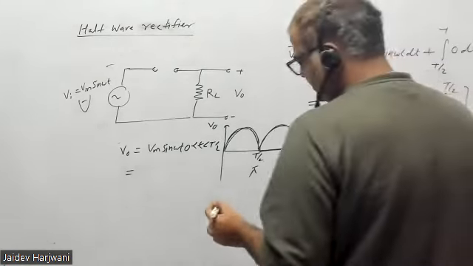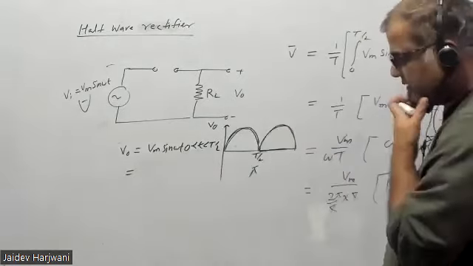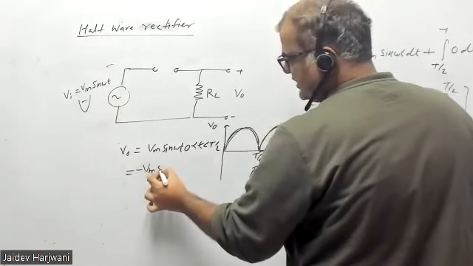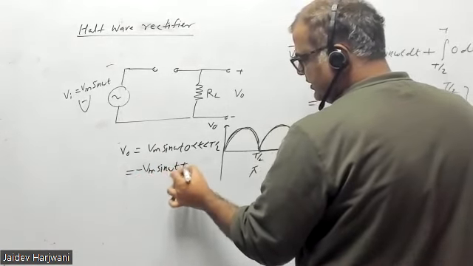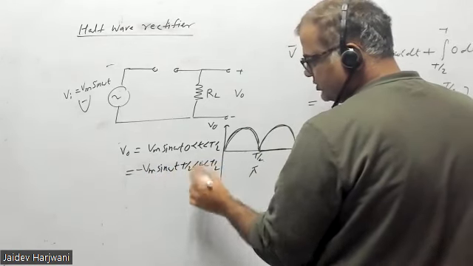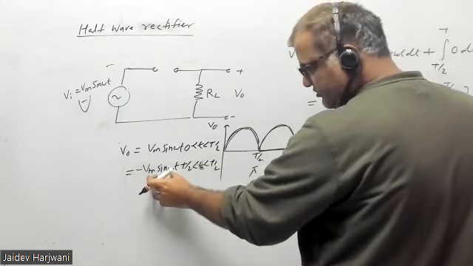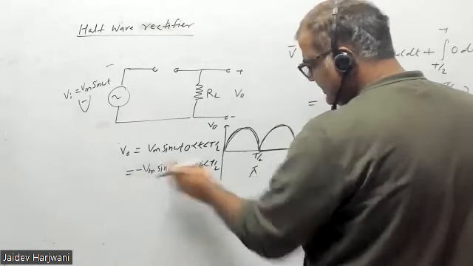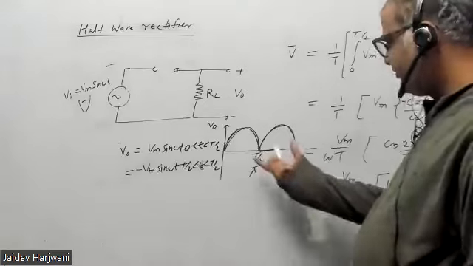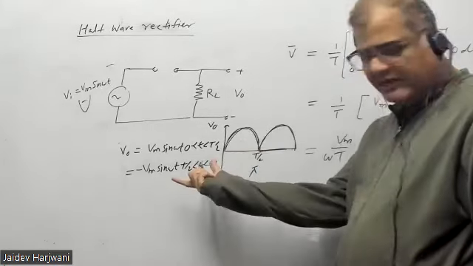Minus of Vm sin omega t, for T by 2 to T. Whatever sine values come out negative, if you put a minus sign, that part becomes positive.